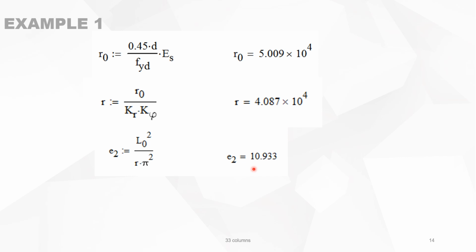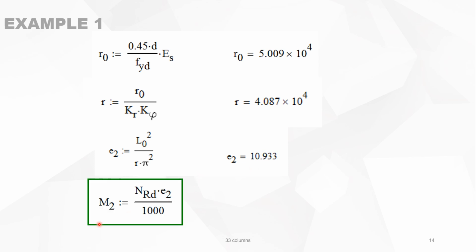It is just working out the set formulas, nothing more, nothing less. And the moment in second order is then the normal force times 11 millimeters, and I divide by 1000 because I work in kilonewton and in millimeter. So M2 is 11 kilonewton meter.